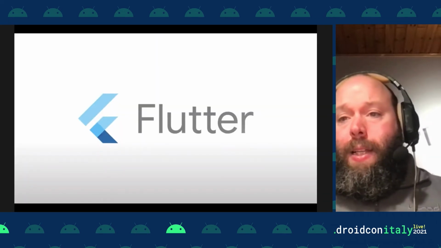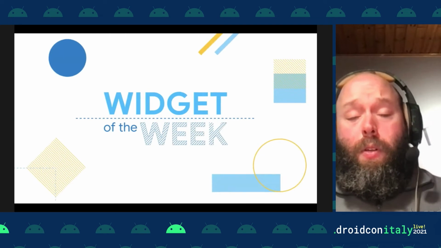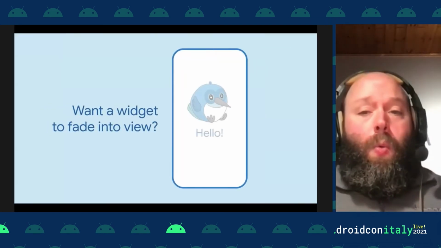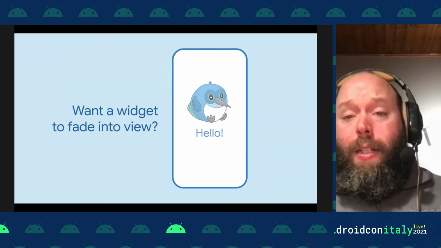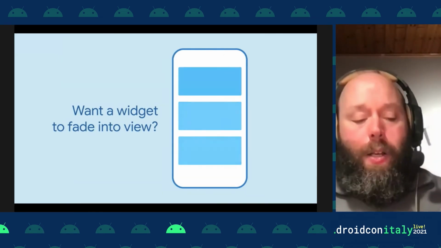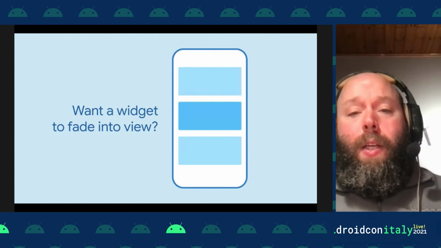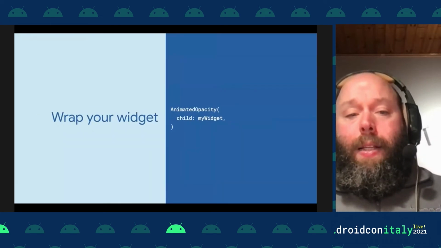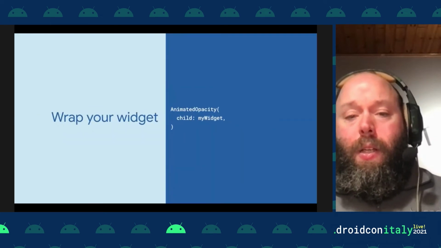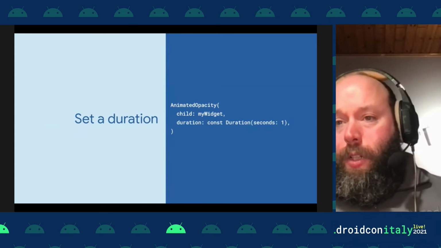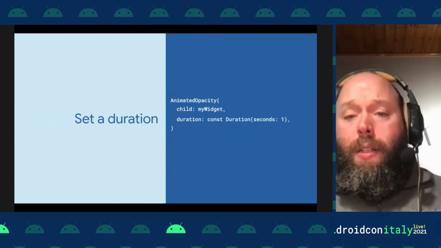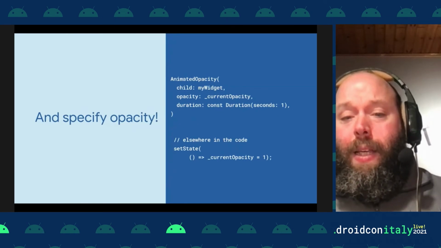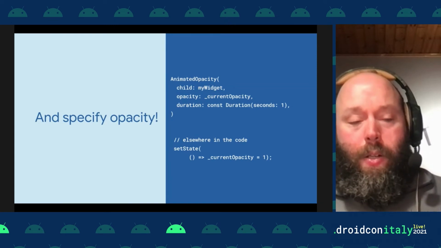The animated opacity is another widget that we can use to implement implicit animation. Basically, we want to have a widget that animates between two values of opacity. What we can do is wrap it in an animated opacity, again define a duration and the opacity of the widget. The widget then will animate anytime the opacity is changed between the two values.